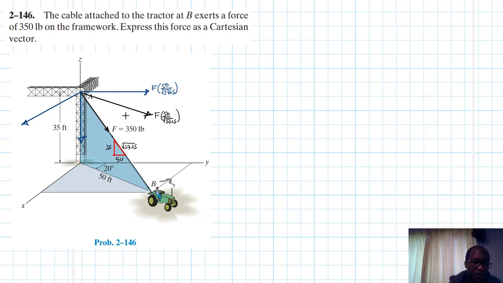Of course, the angle is already given. This is the angle here between the two. The angle is also the one shown down there, which is 20 degrees. So this becomes cos 20 degrees. And this one becomes f times 50 divided by root of 3725 times sine 20 degrees.